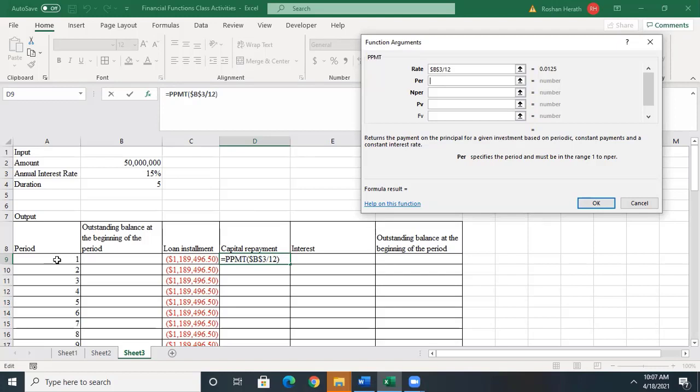So that is going to be a reference to the period. So keep it relative. Keep it relative. Then the number of payments is going to be 5 into 12. Then the present value, it's going to be 50 million. So you can make it fixed again.